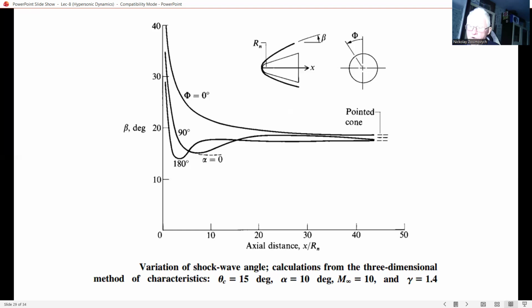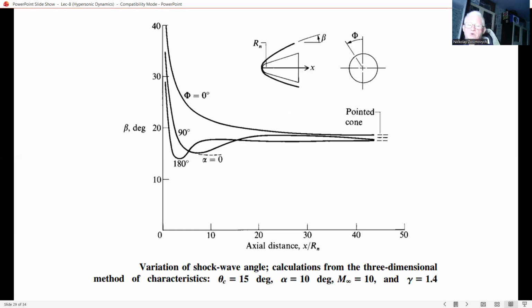Beta first decreases, reaches a local minimum, and then increases, finally approaching the sharp cone result far downstream.